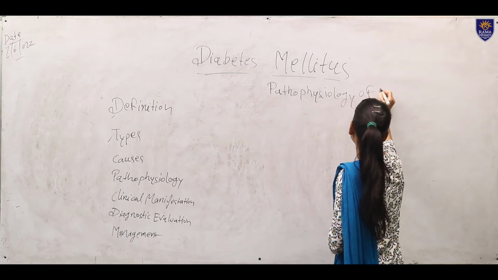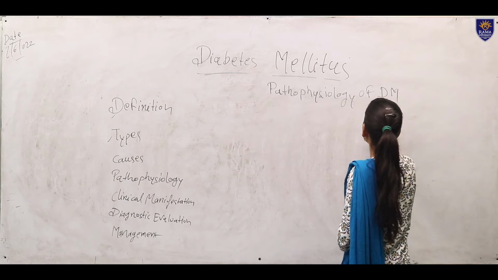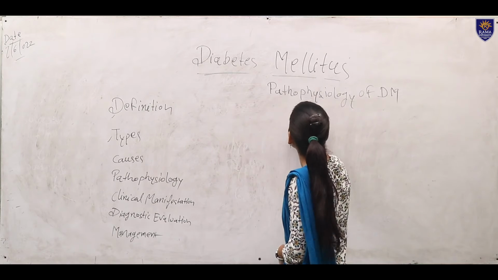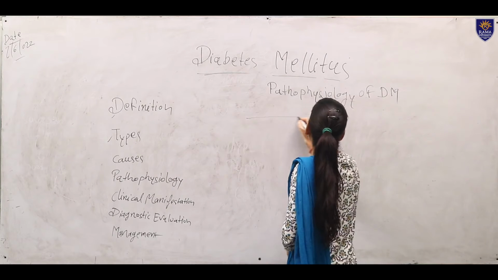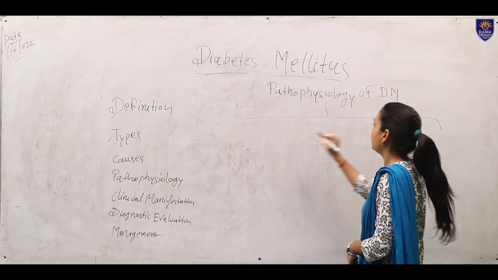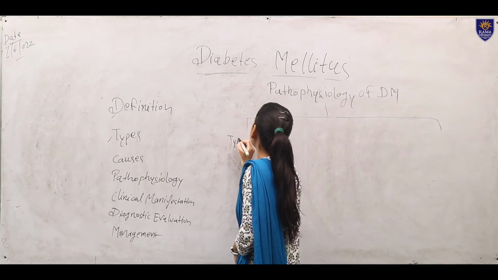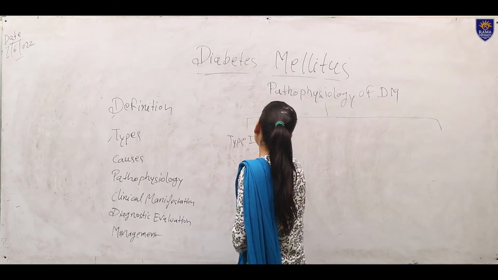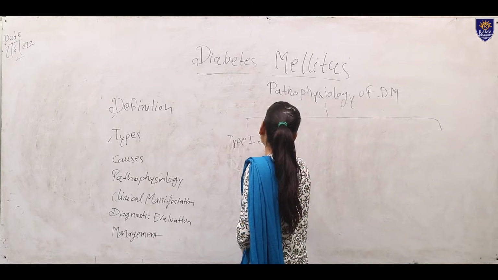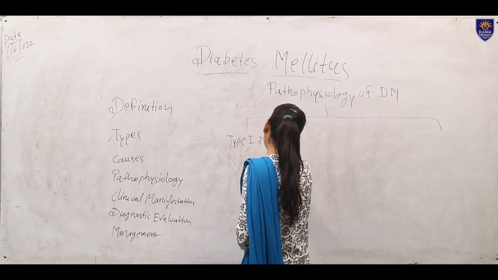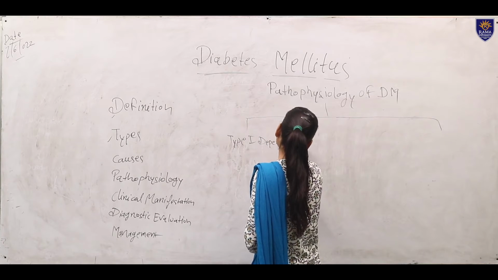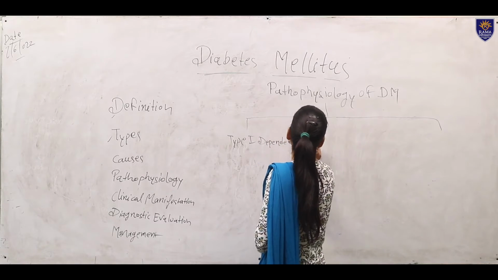In pathophysiology, I am dividing it into two parts. First is type 1, dependent diabetes mellitus.